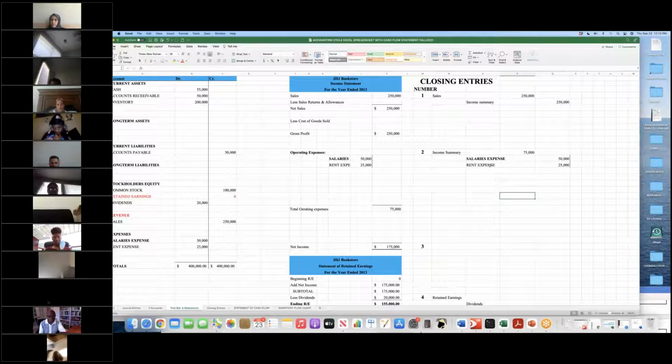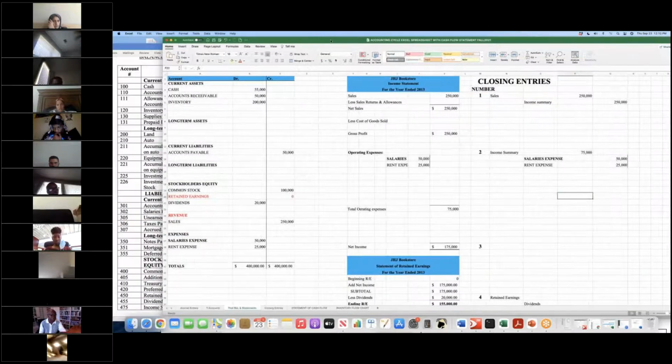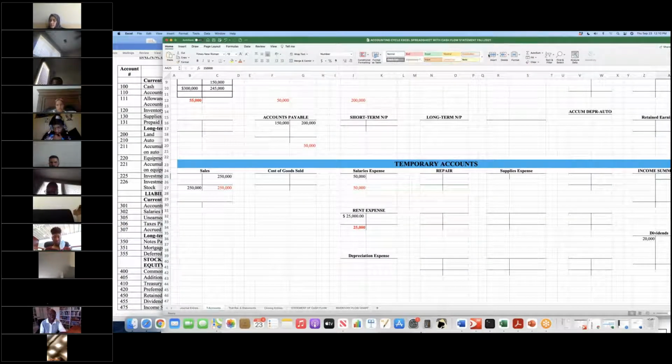Whenever we make a journal entry, we must post it. So we now go back to the T accounts, and we're crediting sales expense with the closing entry. We're crediting rent expense with the closing entry.